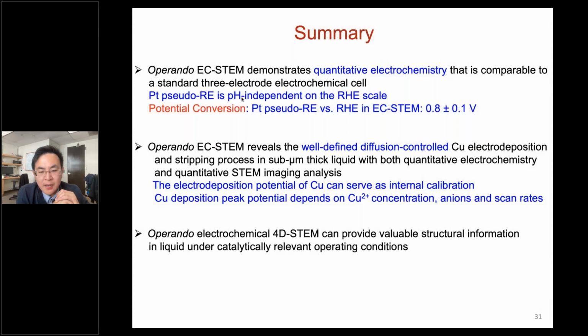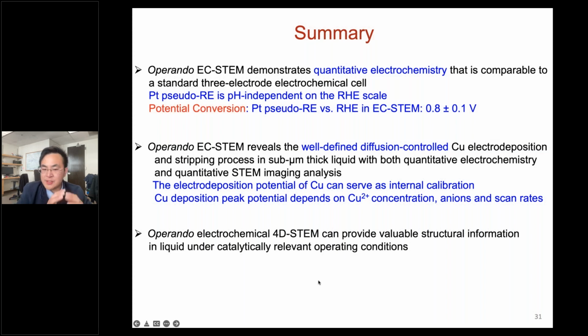So I want to point out the deposition potential of copper is actually an internal calibration. You don't have to rely on the conversion from platinum anymore, but the deposition potential really depends on the copper concentration, whether you have anion or not, and also scan rate. So you need to be extra careful with using the copper as the internal calibration.